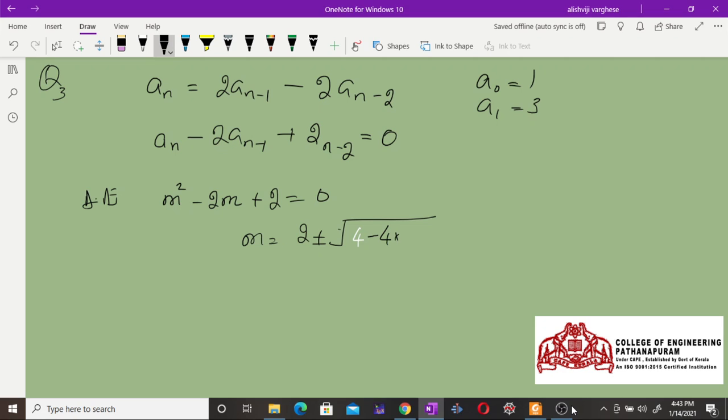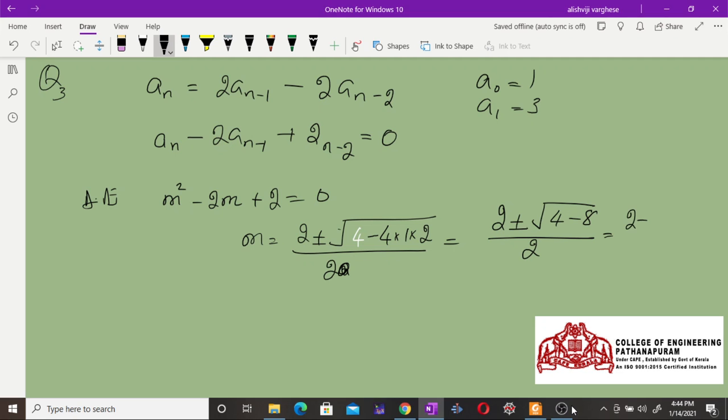so m is equal to 2 plus or minus root of 4 minus 8, divided by 2.